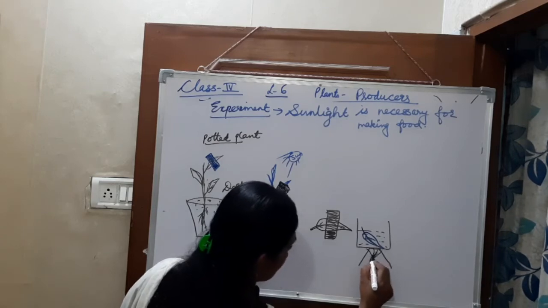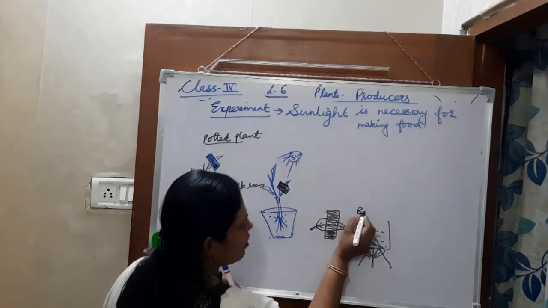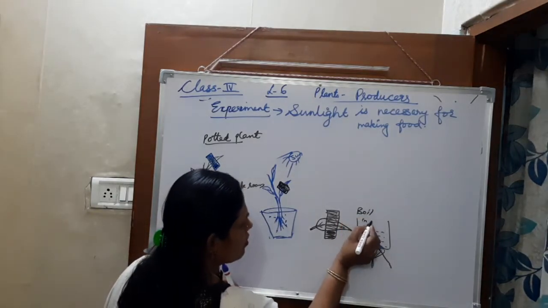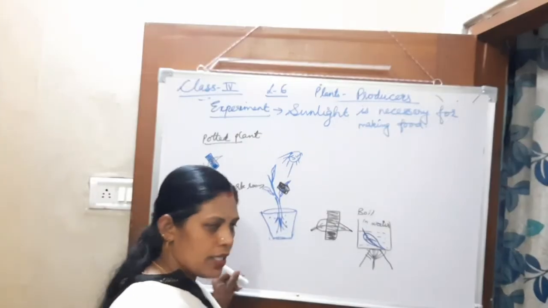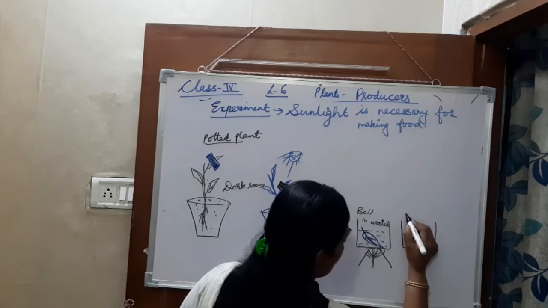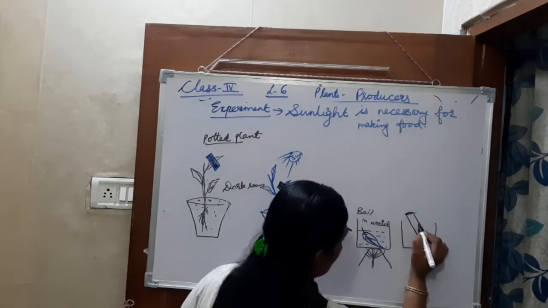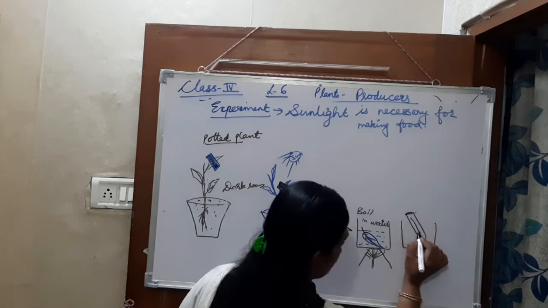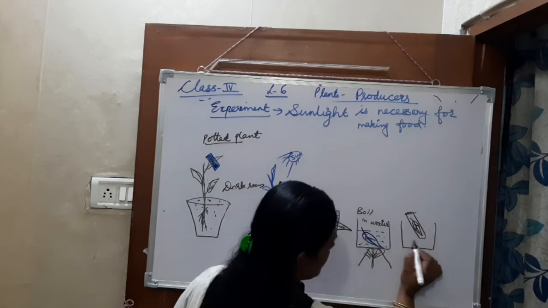Boil it in water. Afterwards, take out the leaf, and what do we have to do again? We take a test tube, and this leaf also we put inside.